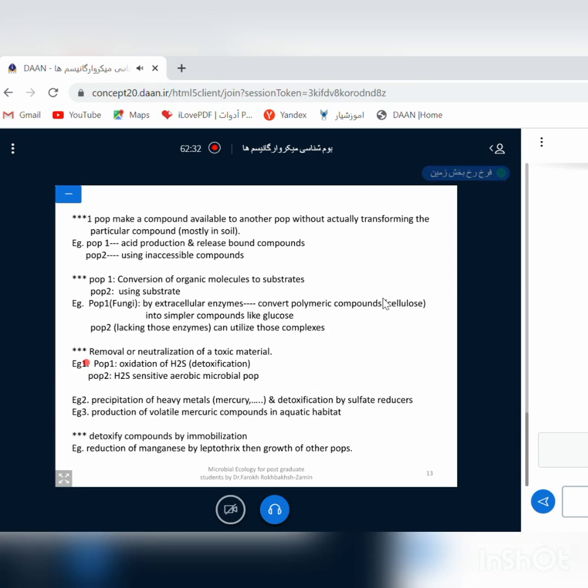Another example: removal or neutralization of toxic materials. Suppose population 1 is doing oxidation of H2S.